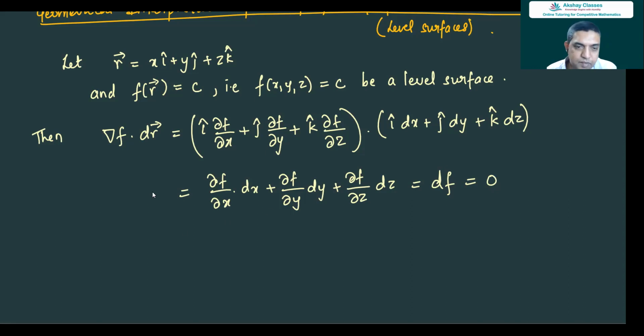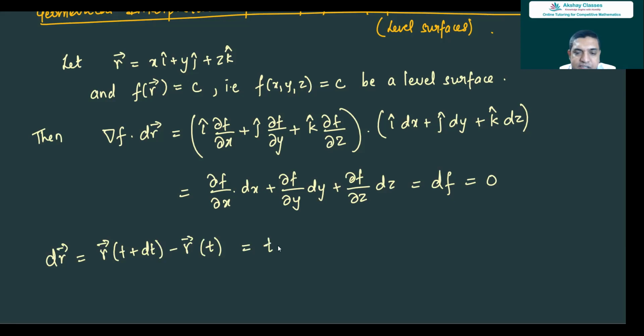So what is dr? dr is a tangent. Yesterday, we discussed this. What is dr? It is r of t plus dt minus r of t.